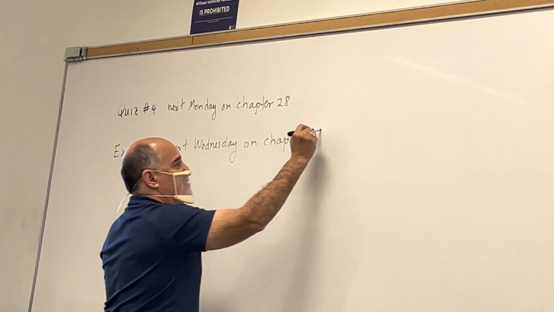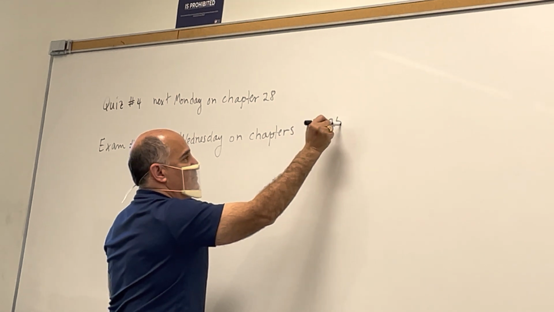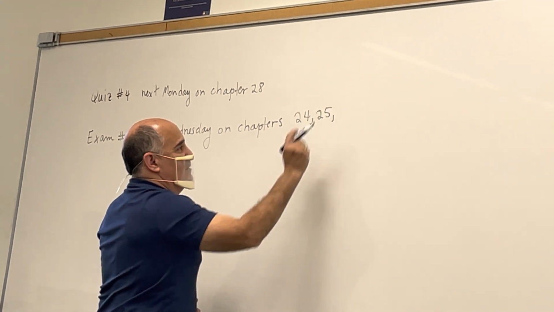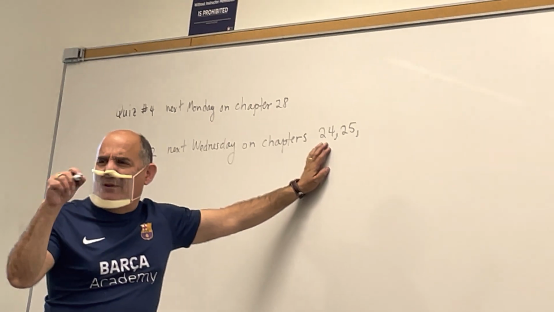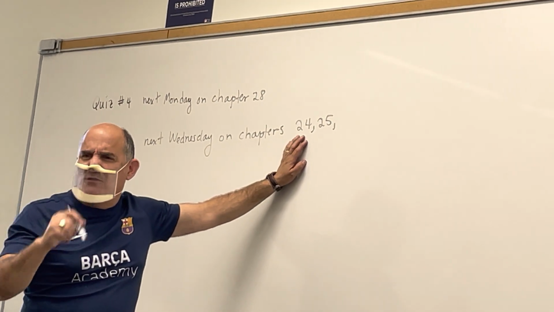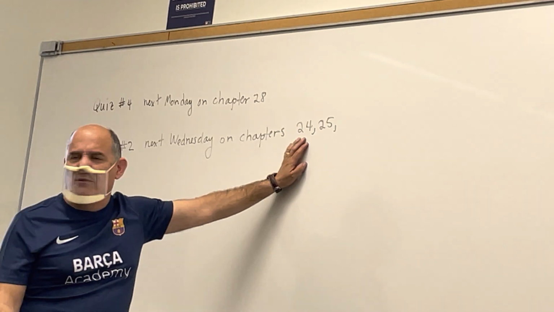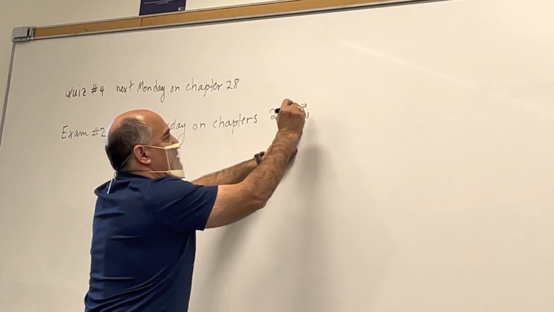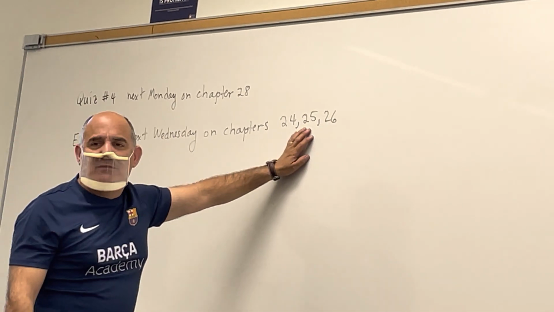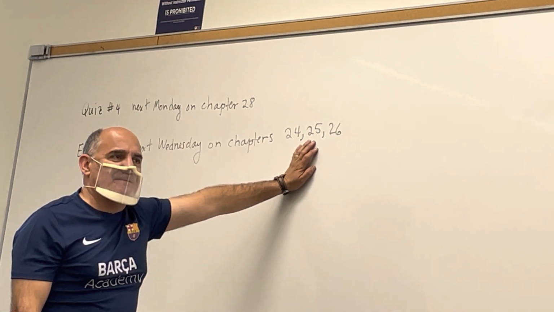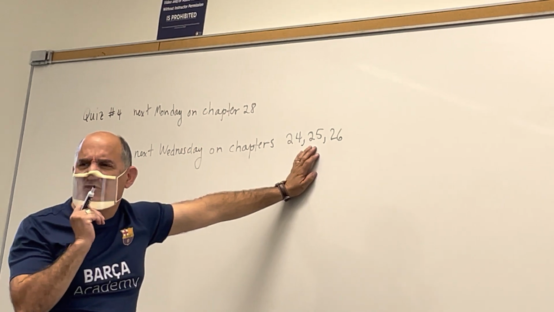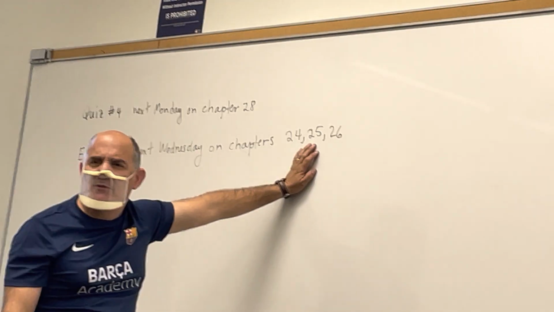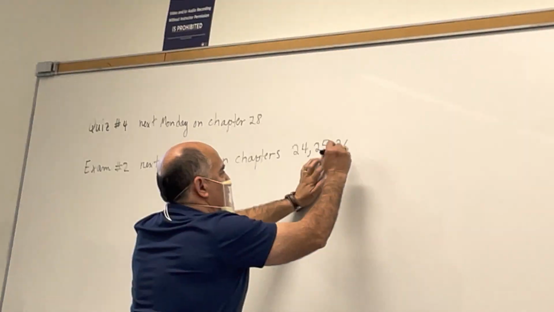On chapters 24, 25. So I'm going to put a problem. 24 is on capacitors. I'm going to put a problem with a circuit with capacitors, find the charge in every capacitor, that sort of thing. 25 and 26, I'm going to put a problem where you can use Kirchhoff's laws, or maybe in series, in parallel, a circuit with a DC battery and a whole bunch of resistors.